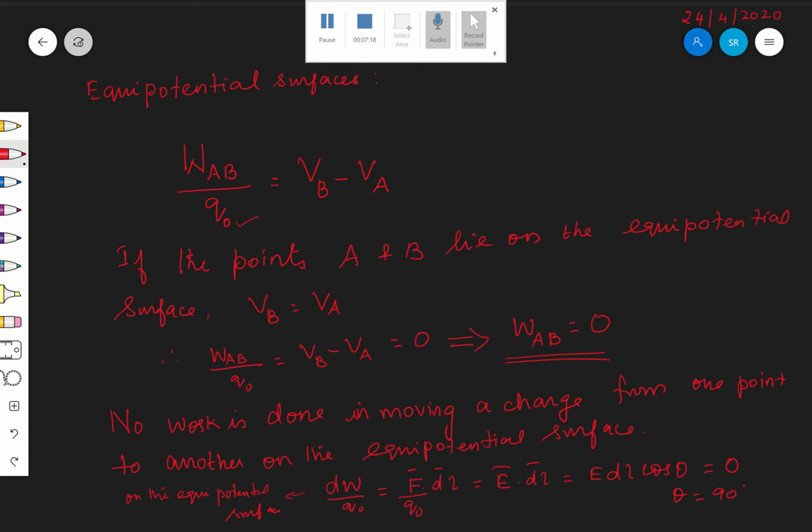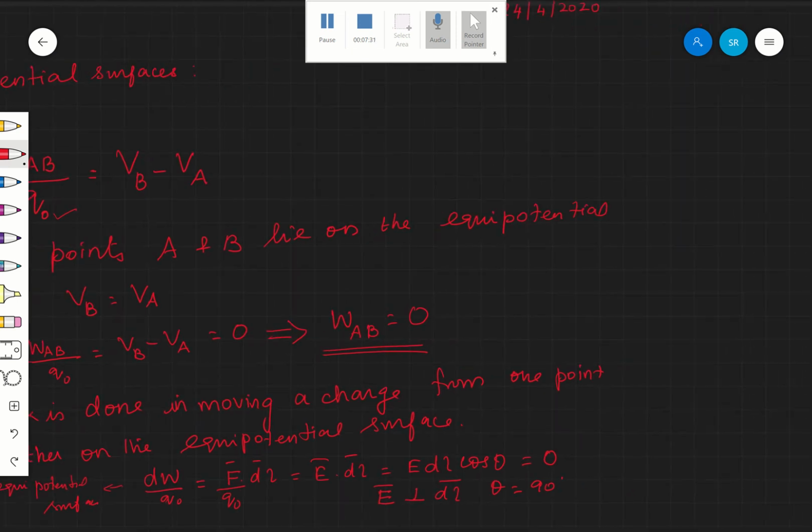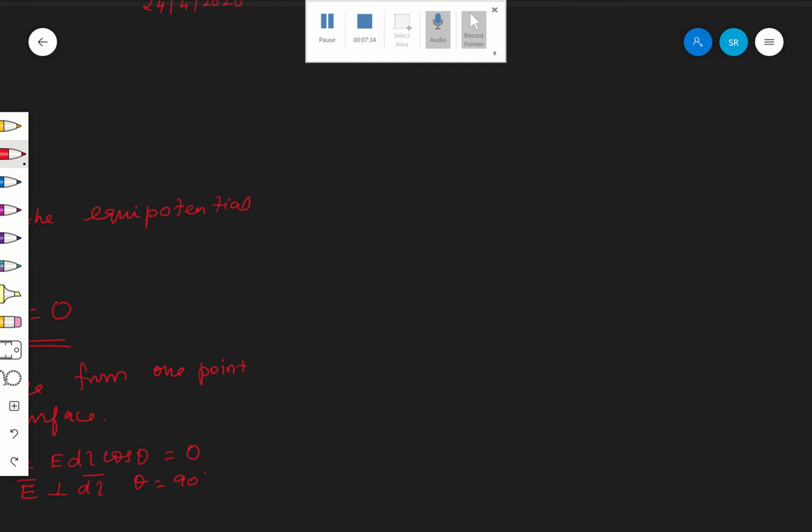Theta equal to 90 degrees means your E is perpendicular to dl, which means that the electric field intensity is always normal to the equipotential surface.